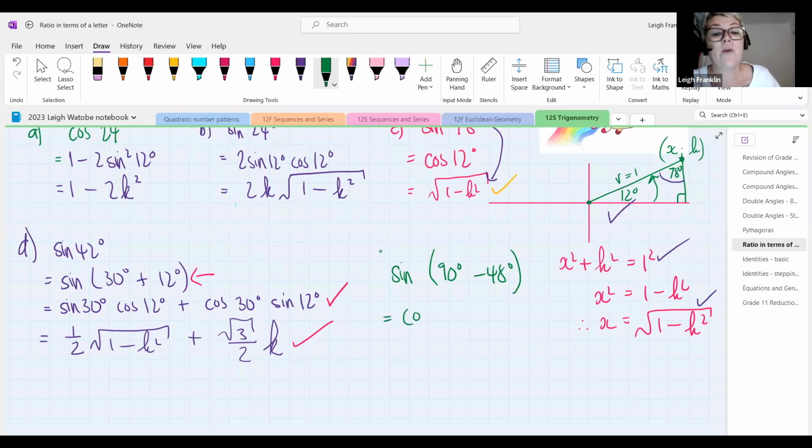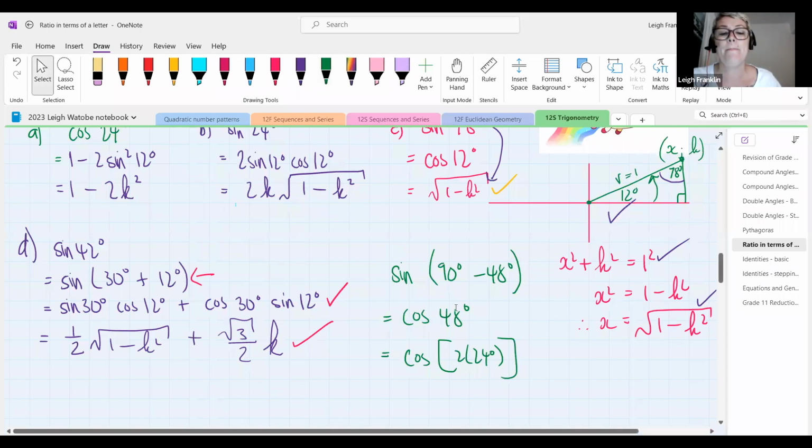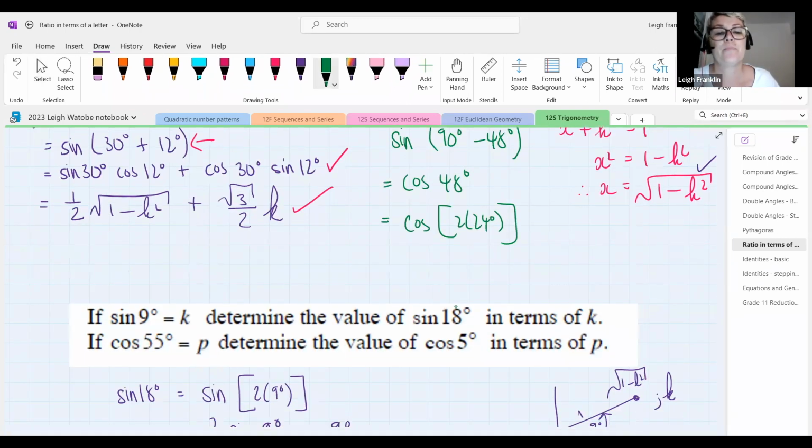Then you would have had to write this as the cos of 48. You did that, yes. And then you said that this is a double angle, so you said 2 times 24. Keep going, Jessica. And then I saw another double angle in the 24.